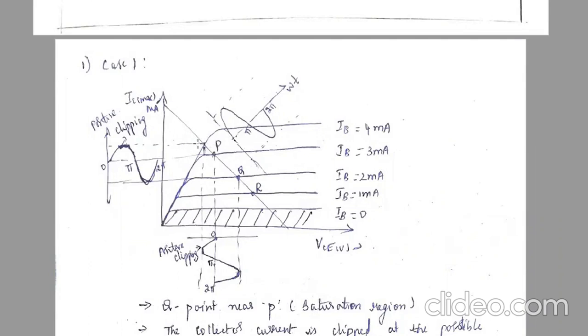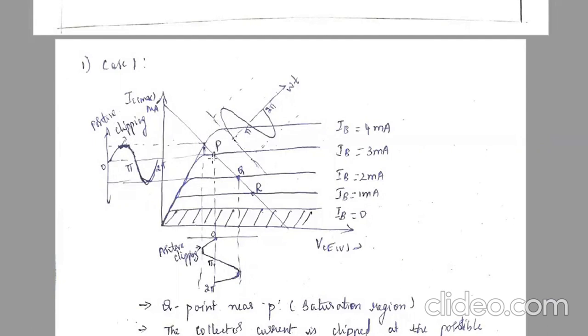Because it is near the saturation region, even if we apply a pure sinusoidal wave at the base of the transistor, we get clipping in the output signal. The diagram shows clipping at the positive peak of the signal, so this part of the signal gets clipped, which is positive clipping, if we choose a Q point near the saturation region.